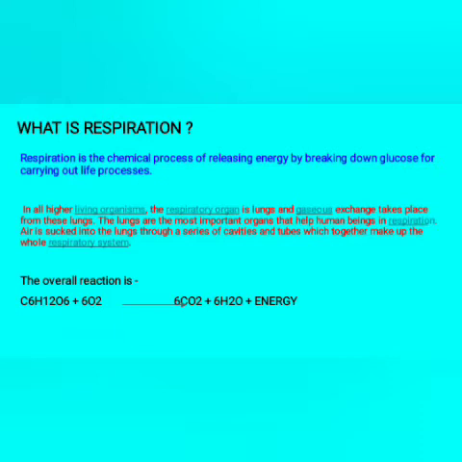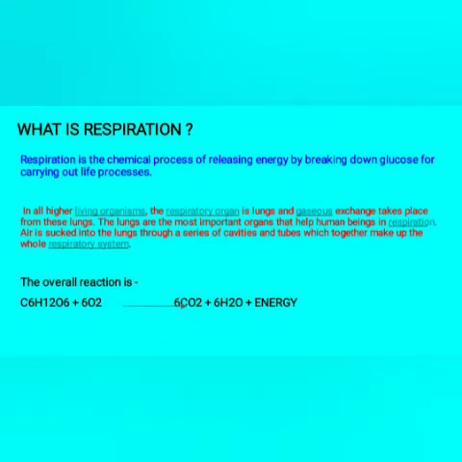So those foods are broken down into glucose that provides us energy. So there are many organs that participate in respiration, but the most important one is lungs. So the overall reaction is glucose plus oxygen, which is converted into carbon dioxide, water and provides energy.